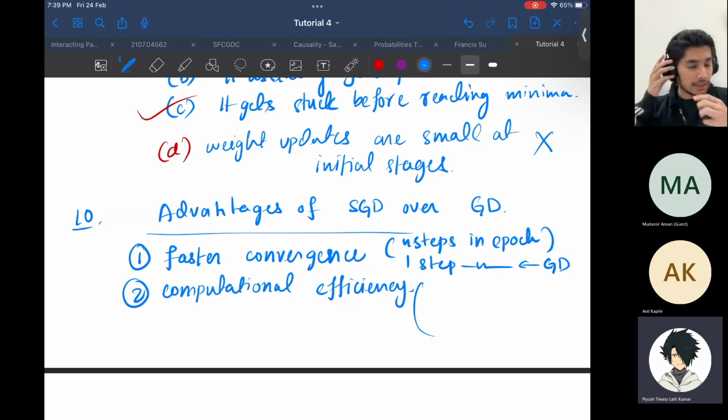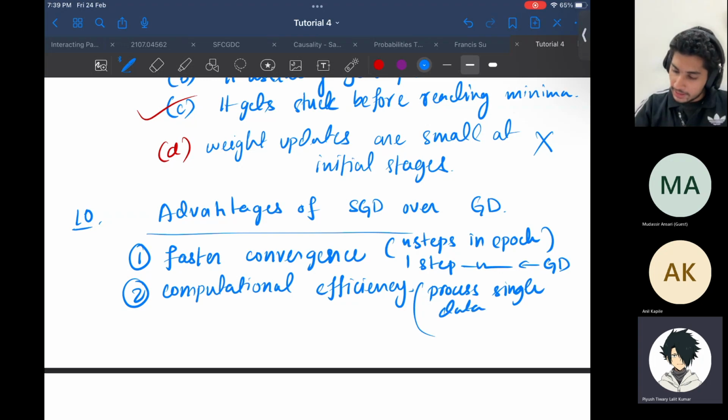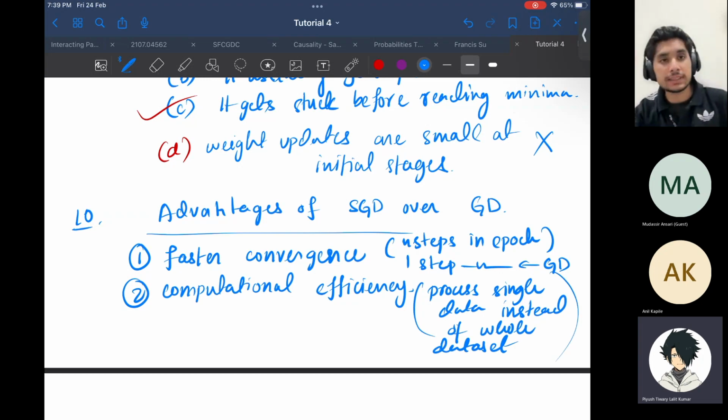Similarly, computational efficiency is there. Why computational efficiency? Because I have to process only a single data point instead of the whole data set which contains, let's say, n data points. So processing a single data point is much more efficient compared to processing all the data points in your data set.